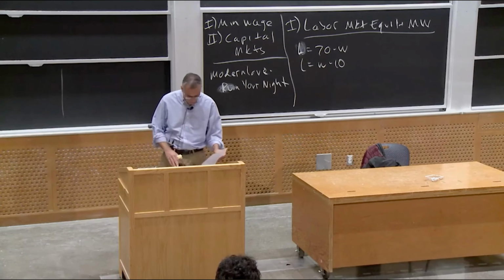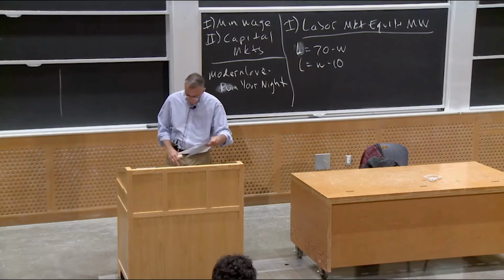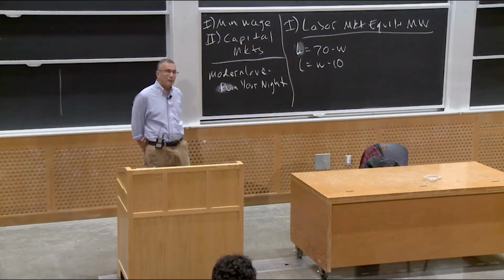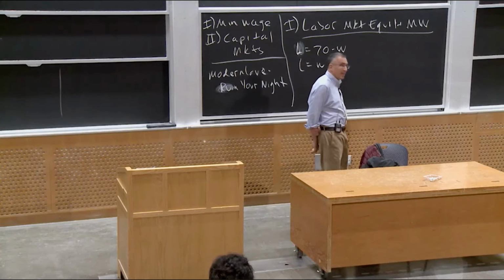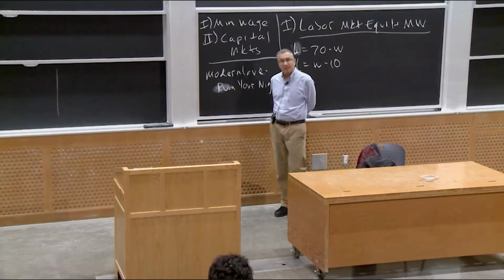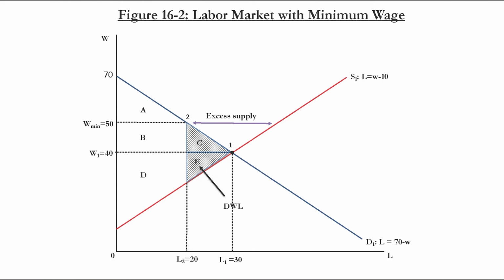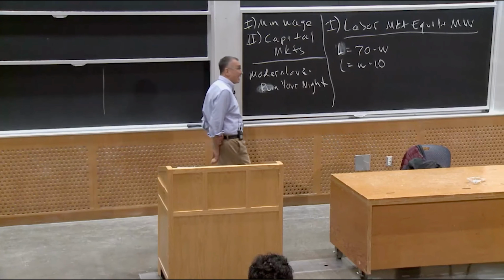Now, one way it could happen, of course, could be if the demand curve was perfectly inelastic, then a minimum wage would not lower employment. You can see that in this graph. I haven't drawn this out, but you see it's 16.2. Imagine taking that blue line and making it vertical. You'll see the minimum wage wouldn't cause unemployment. So one thing that could be going on is demand could be perfectly inelastic.